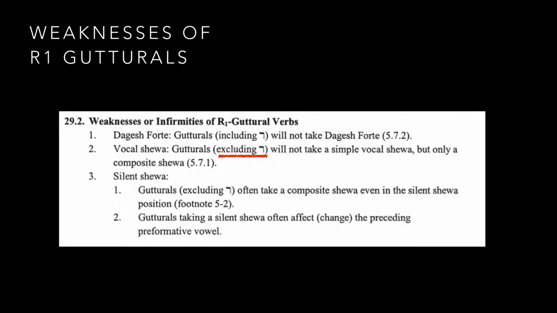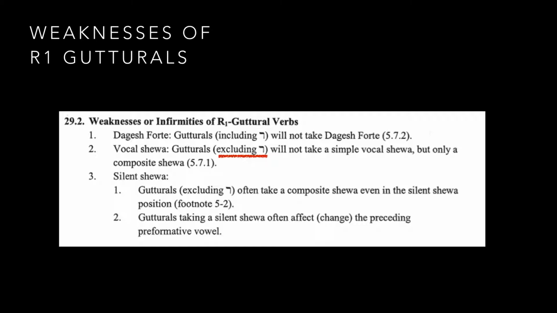It's not a problem for them, so they'll just keep that no problem. And then we have the silent schwa issue that we're going to address with gutturals that will flip from a silent schwa to a vocal composite schwa. This is also normal. We've seen this in the guttural characteristics in chapter 5.